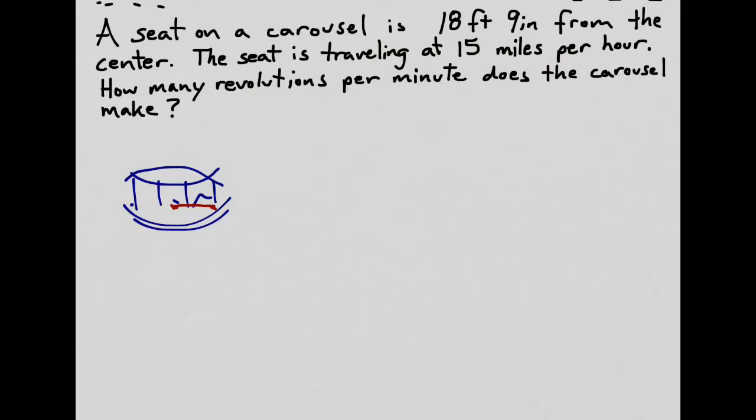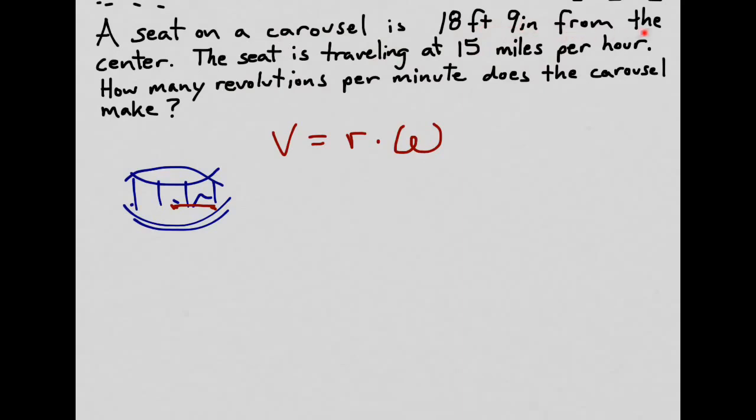So we're going to use the formula that we used in the earlier example. Linear velocity equals the radius times omega. And so what I want to think about for a moment is how does the given information relate to that formula, 18.9 inches and 15 miles per hour? Okay, well, let's think.